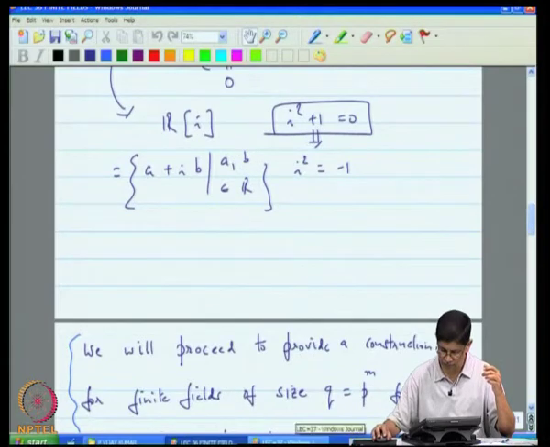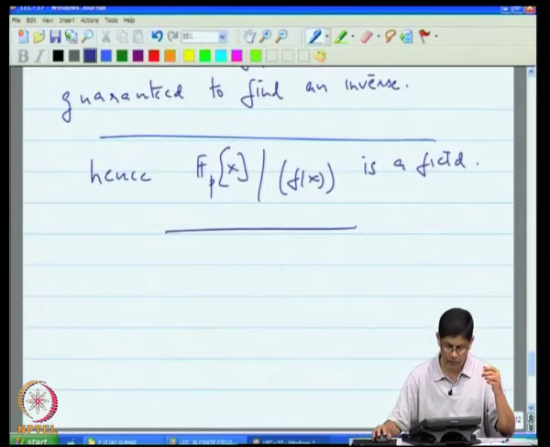So in the same way, now in lecture 37, we know that this is a field, but it's cumbersome to keep thinking of it like this.